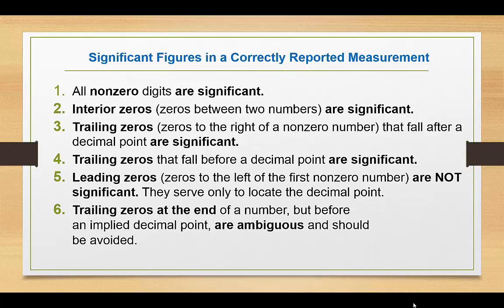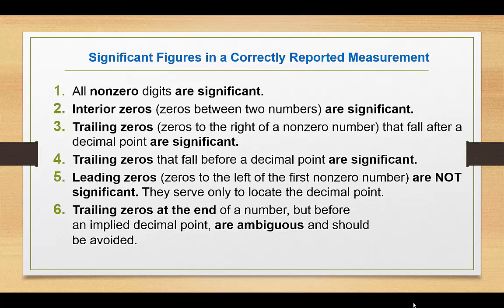Number 2, interior zeros. These are zeros that are sandwiched between two non-zero numbers, anywhere in between. So if I have something like 101 Dalmatians, or I have 20,001 leagues under the sea. Sorry, that was a little bit of a stretch. Couldn't think of another number right off the top of my head.